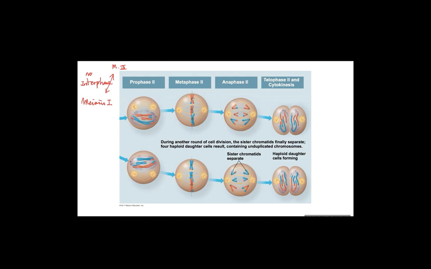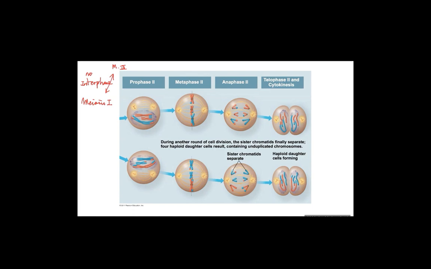See, this chromatid separates, and one chromatid moves to one end, the other chromatid moves to the other end. Chromosomes themselves cannot move, but actually spindle microtubules pull chromatids toward their pole.